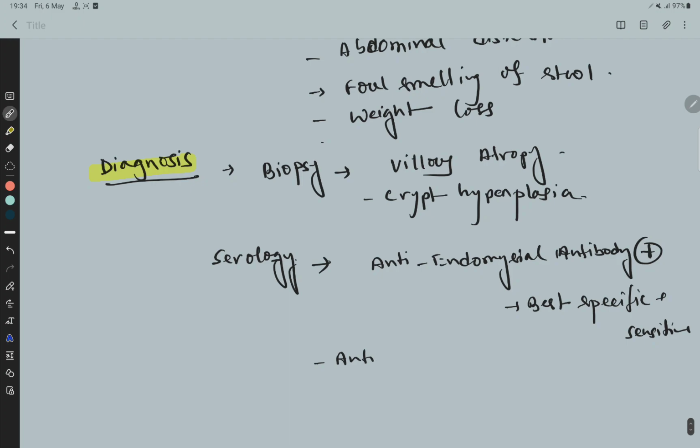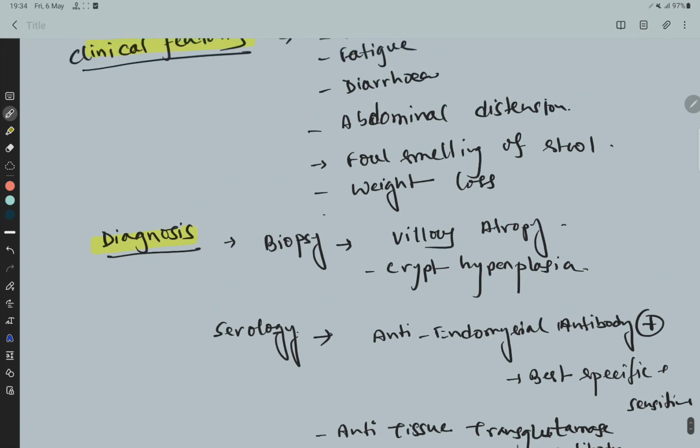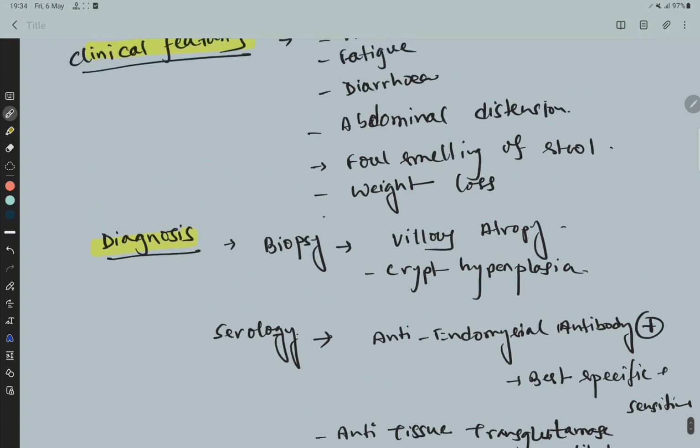Then anti-tissue transglutaminase antibody. So we can diagnose this disease by clinical features, biopsy and serology.